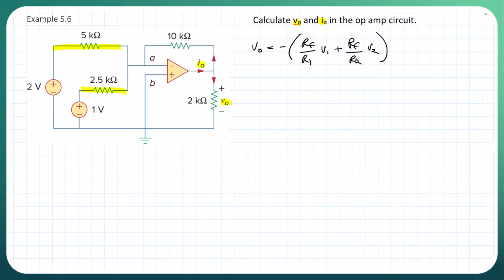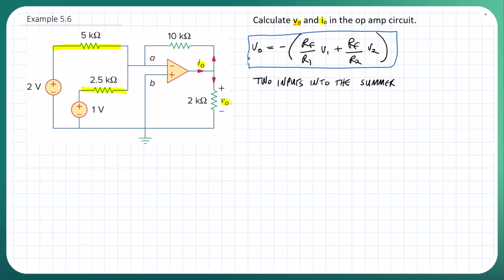Since we have two inputs into the summer, that's the equation we're going to be using. So it's just a matter of plugging in the data that's given to us.